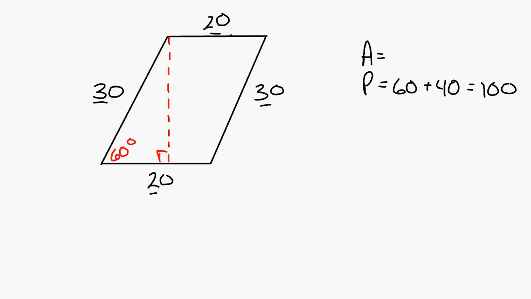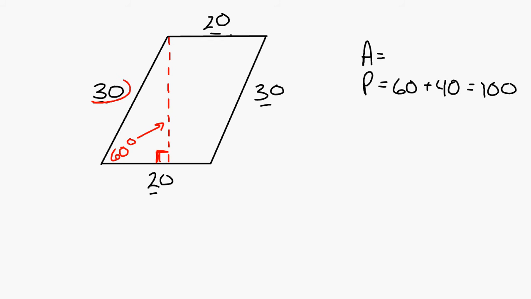Now, you've got this 60-degree angle here that is across from your height, and this is a right angle. So this forms a 30, 60, 90 right triangle. In a 30, 60, 90 right triangle, this 30 is the hypotenuse.